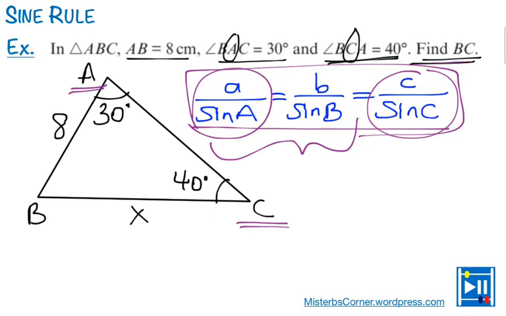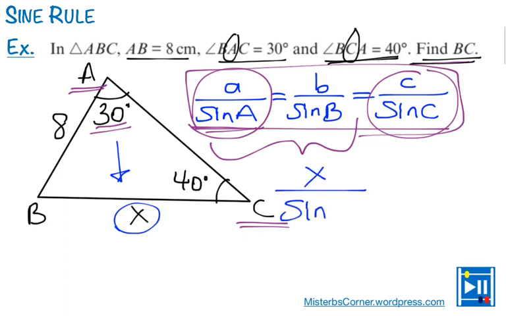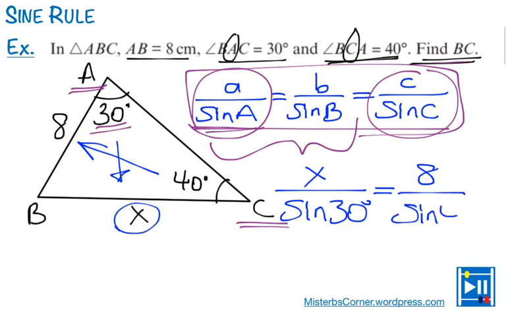Alright, let's do that then. Across the angle is of course x, so I write x over sine 30 degrees equals, now across 40 degrees is 8, so I write 8 over sine 40.